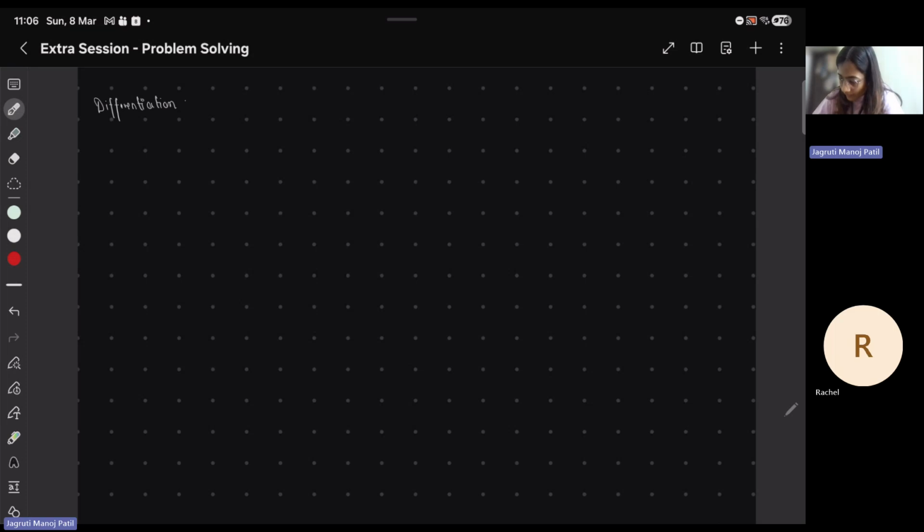Right. So the first question, let's start with something simple. If f of x is given as x to the power 6, what would be f dash x, that is df by dx? Here it's a simple power rule.